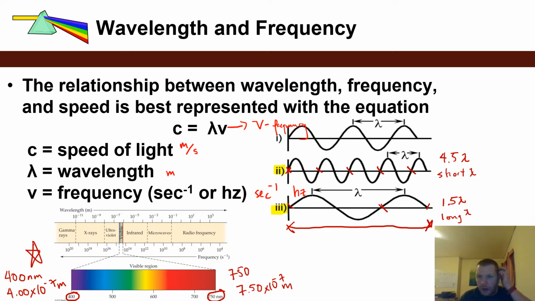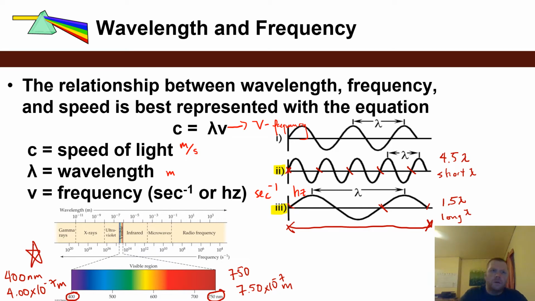Now, when you compare those two, a 400 nanometer wavelength compared to a 750 nanometer wavelength, which one of them is going to be considered a longer wavelength and therefore would have a lower frequency?